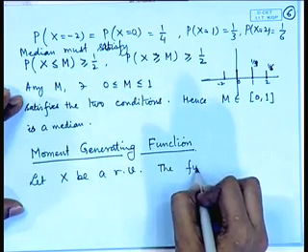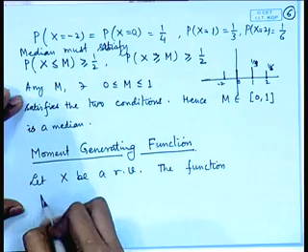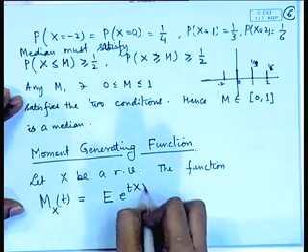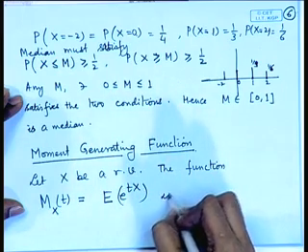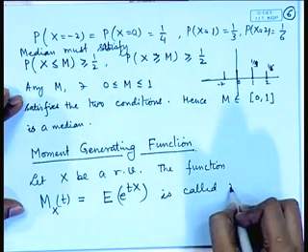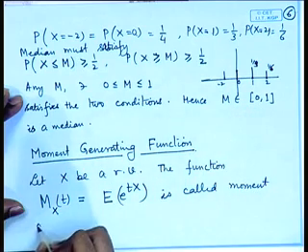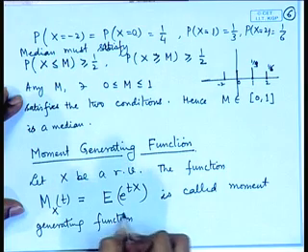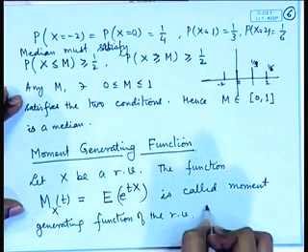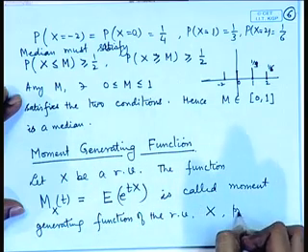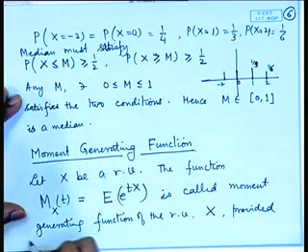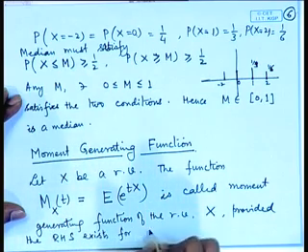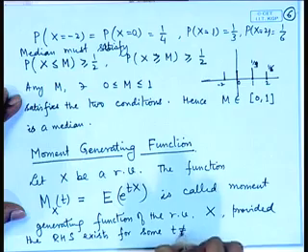The function M_x at t is defined to be expectation of e to the power t x, and is called the moment generating function of the random variable x, provided the right hand side exists for some t not equal to 0.